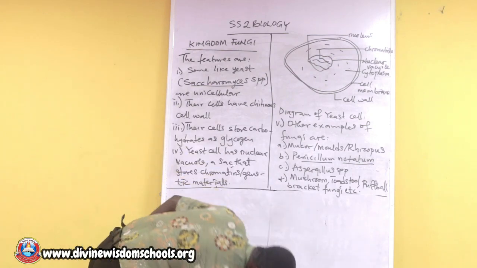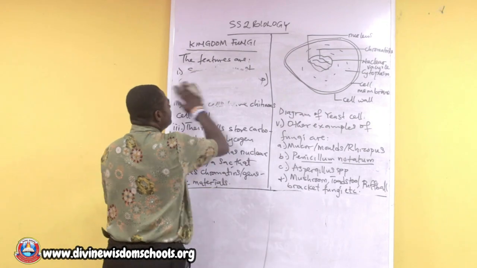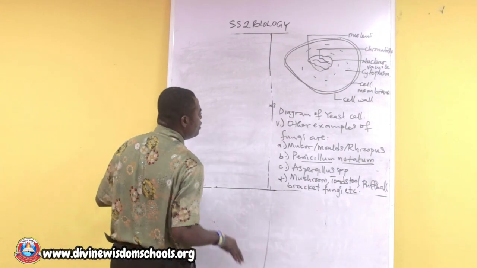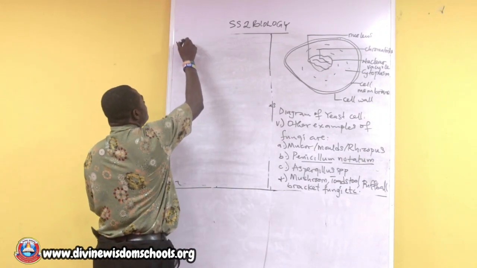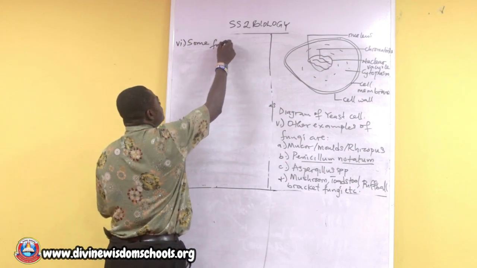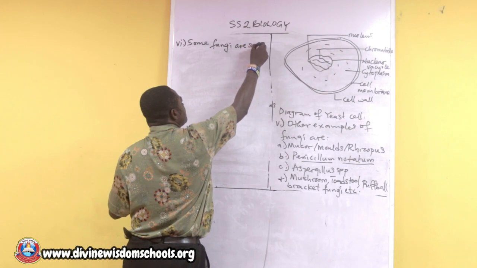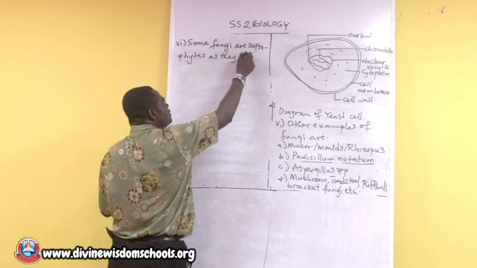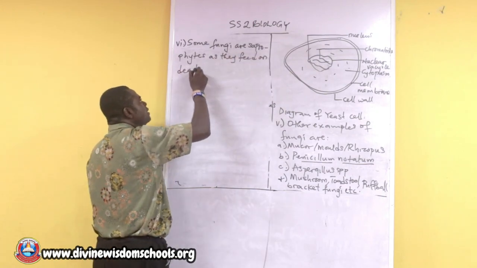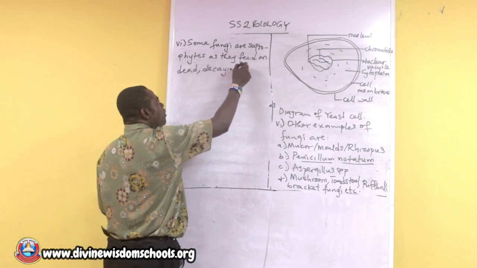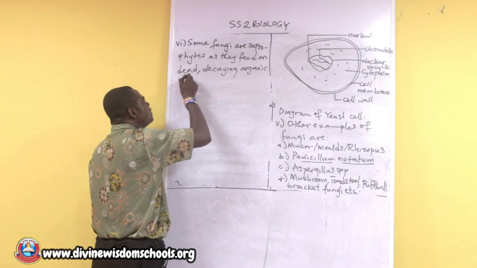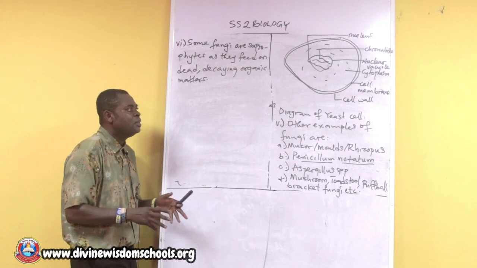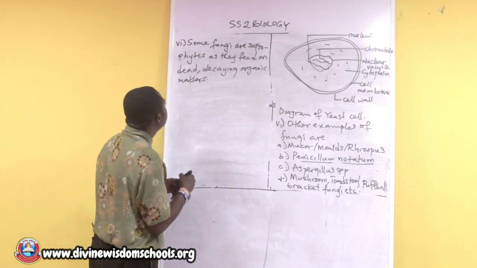Now, point number 6 here. Some fungi are saprophytes. Why? As they feed on dead, decaying organic matters. You will see that mushroom is usually found growing on dead wood, dead log, so dead organic matter.